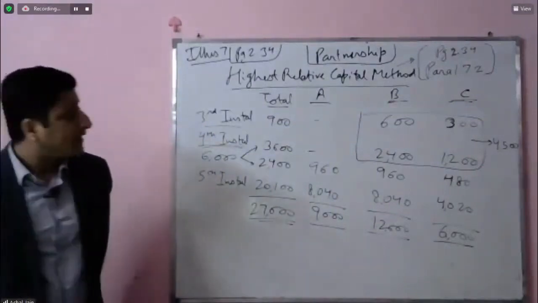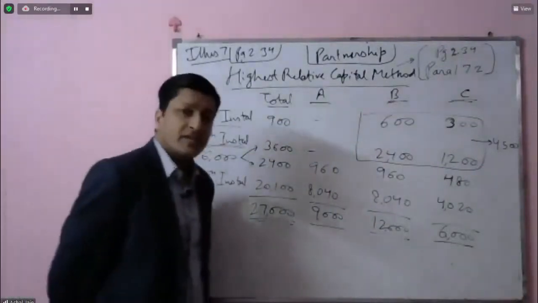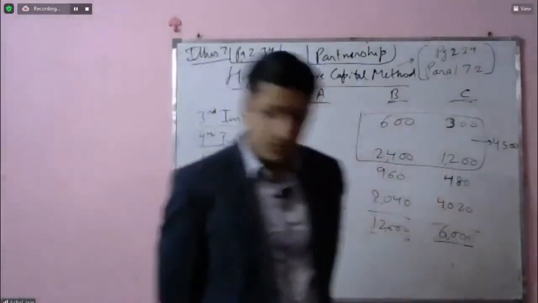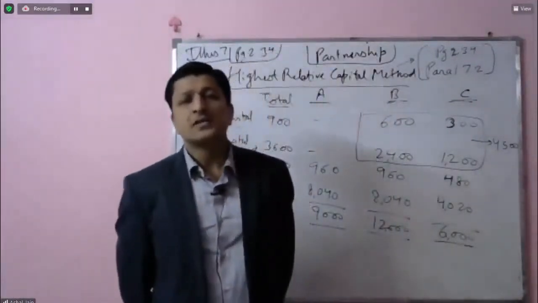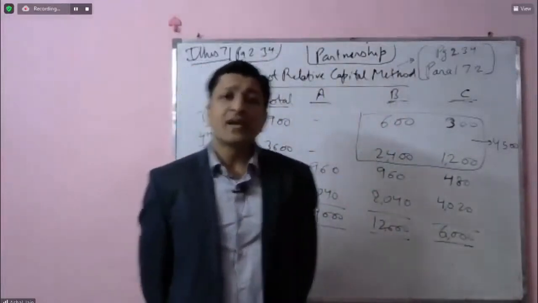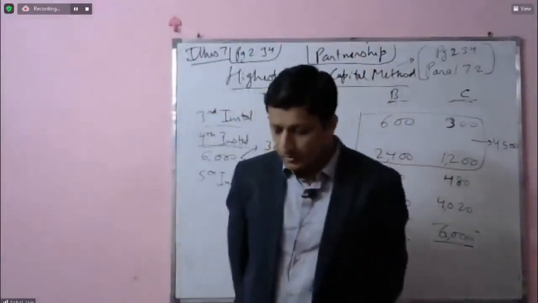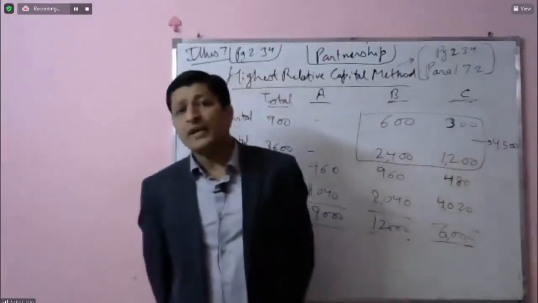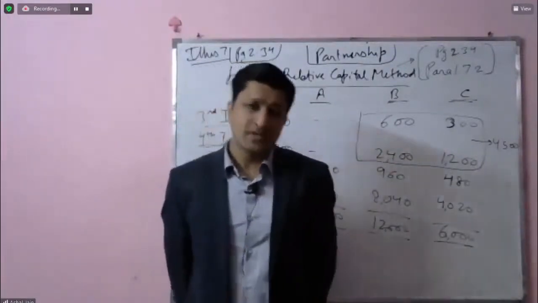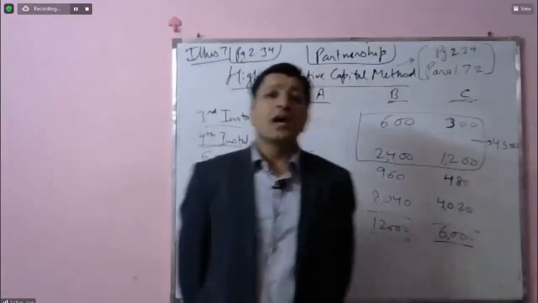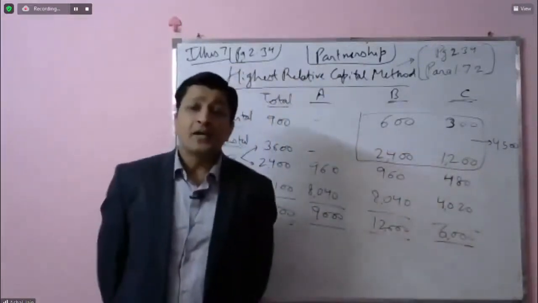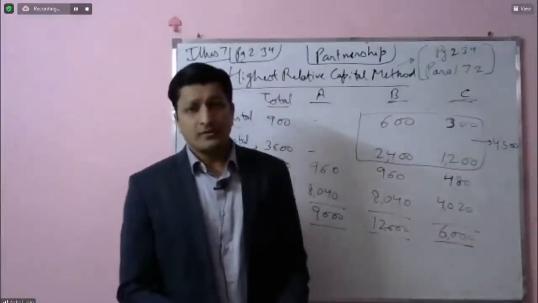Keshav is asking to repeat it. In this method, very simply, Keshav, if you have to just note down the steps, pick up the actual capital of the partners, divide the actual capital by their profit sharing ratio. The least amount that you get will become the base. And using that base, compute the amount that the partners should have contributed.